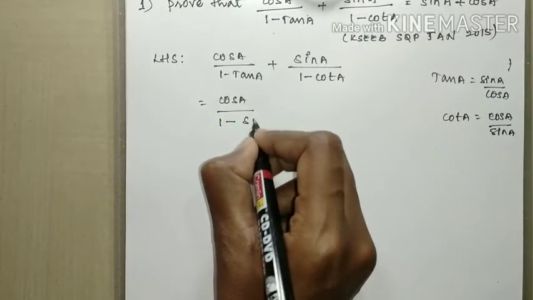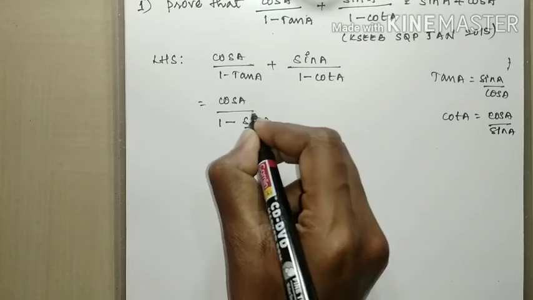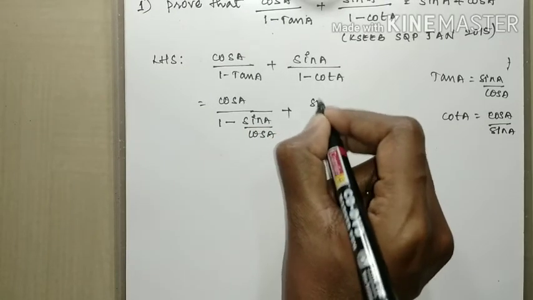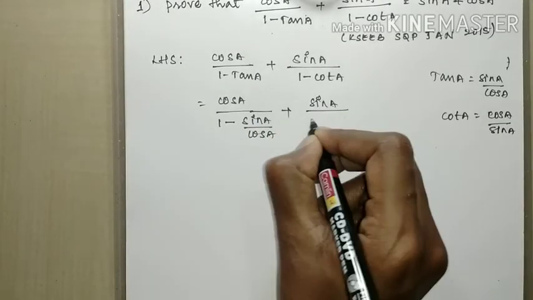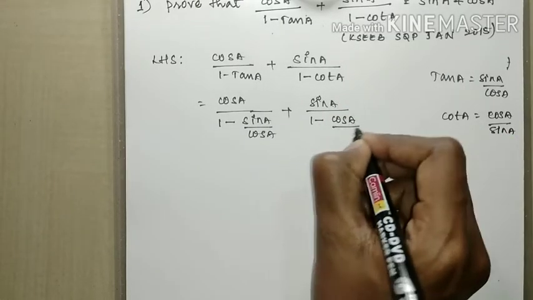Cos A by 1 minus sin A by cos A, plus sin A divided by 1 minus cos A by sin A.